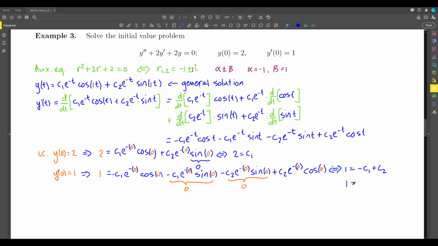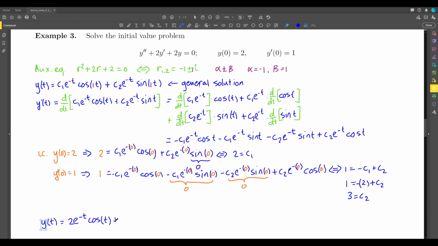So now let's plug in that we know that C1 is 2. We add 2 to both sides and we get that 3 equals C2. So our final solution is y of t equals C1, which is 2, e to the power negative t, cosine of t, and then plus C2.